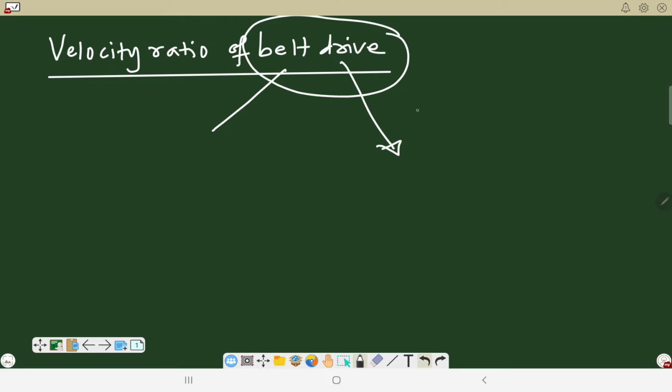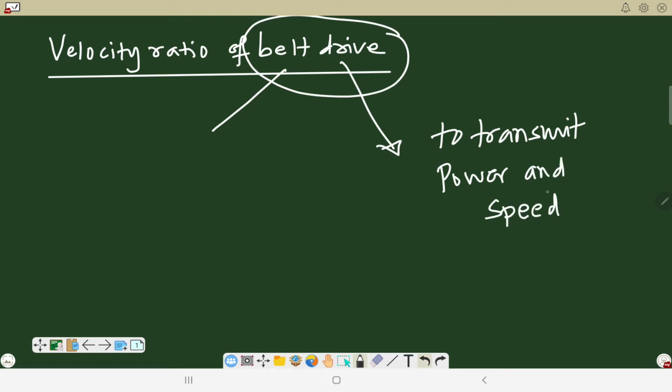So this is the meaning of drive, and this is achieved with the help of three types of drives. One is belt drive, second is chain drive, and third is rope drive.